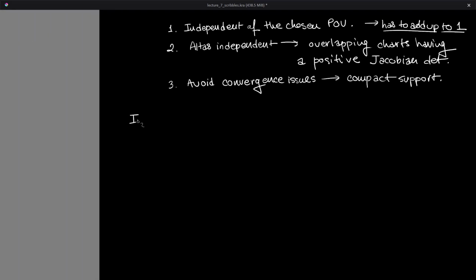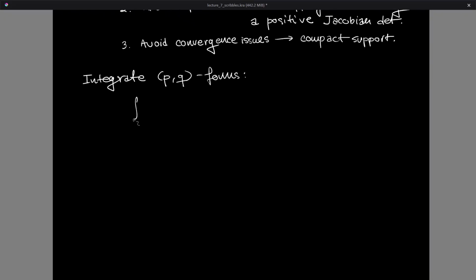So next, I would just like to say, how do we integrate PQ forms? Because PQ forms are very, very important. Well, the integral of alpha over some manifold M is not equal to 0 as long as P plus Q is equal to, so let's say that this is an M manifold, right?